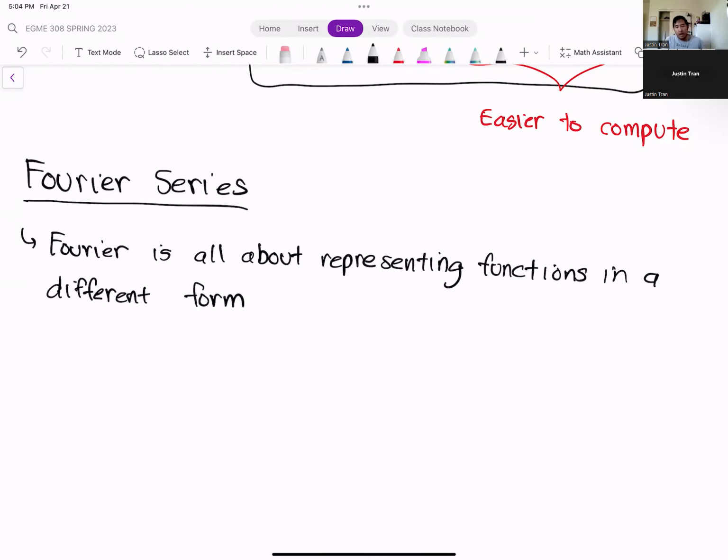Okay. I should say it's not just about frequency, it's about amplitude and frequency. And remember, when we talked about Fourier, we talked a lot about its parallels with the concept of sound.